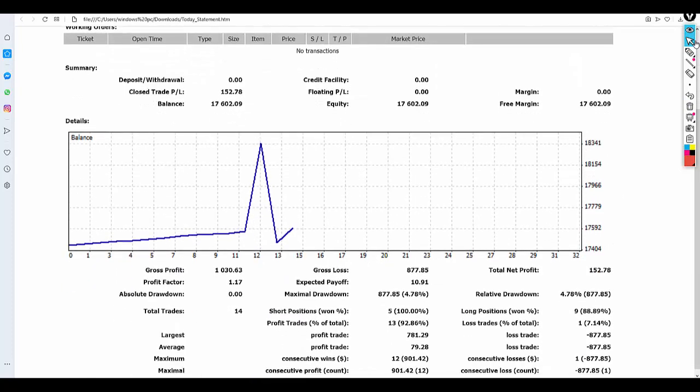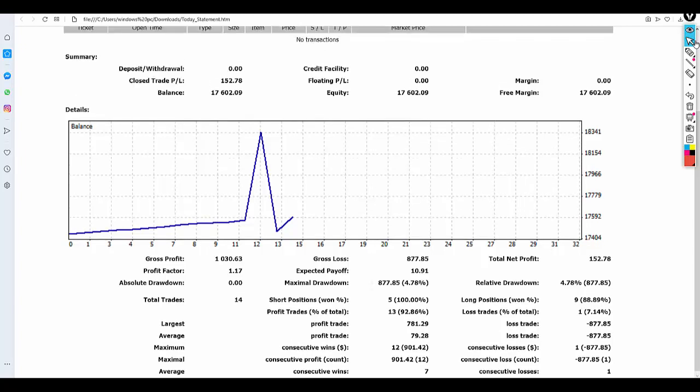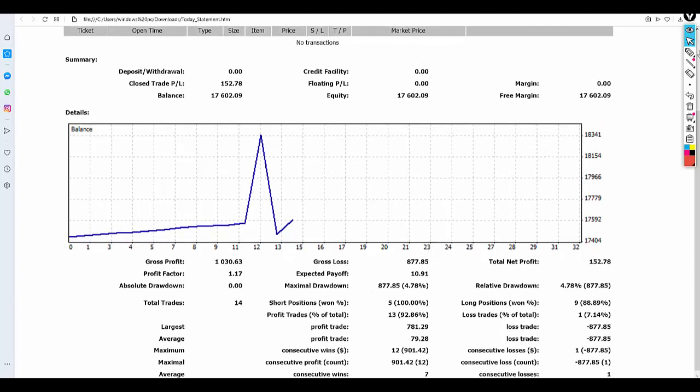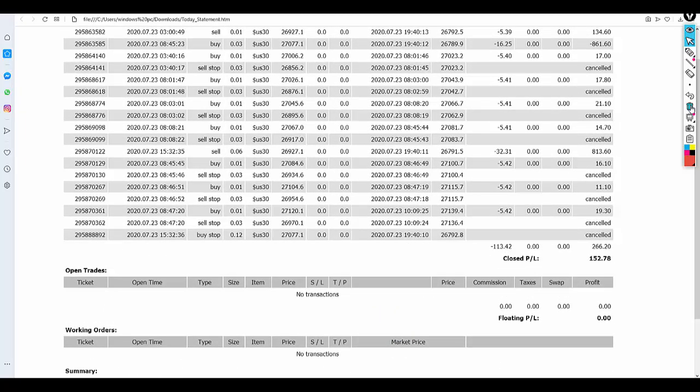The software exposed, because I don't trade, I fold my hands throughout. The software exposed 4.78%, which is $877.85, to the market, and I make a profit of $152.